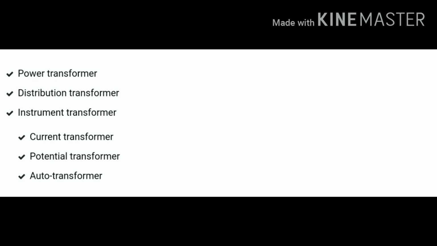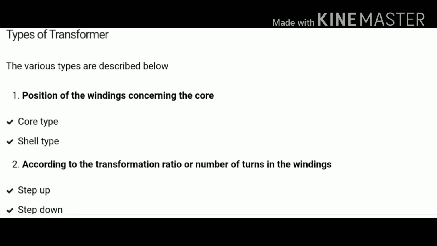Types include power transformer, distribution transformer, instrument transformer, current transformer, potential transformer, auto transformer. These are the names of transformers, and we use them on the basis of our requirement. In our homes and transmission lines, we use a distribution transformer. Current transformers and auto transformers are also used in a stabilizer.